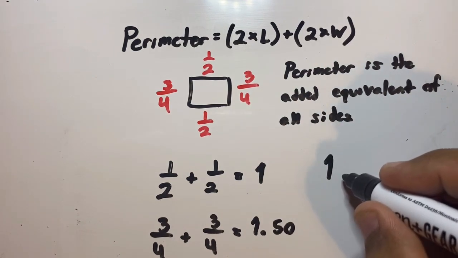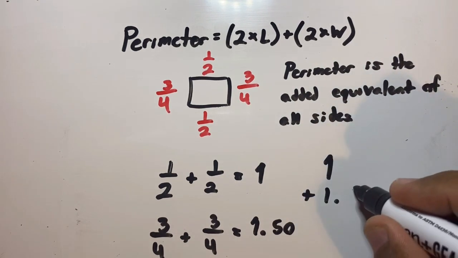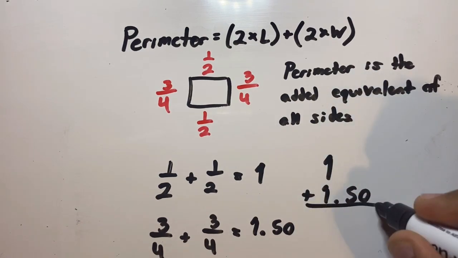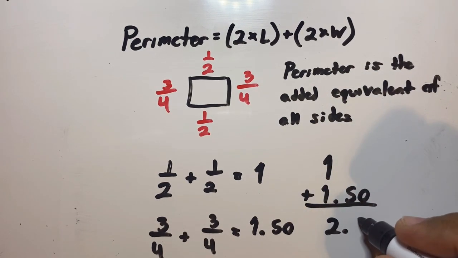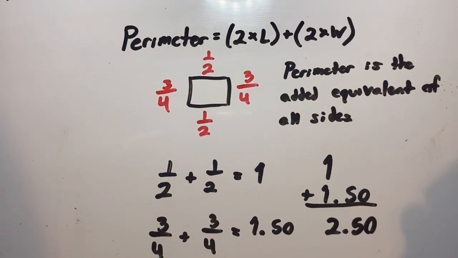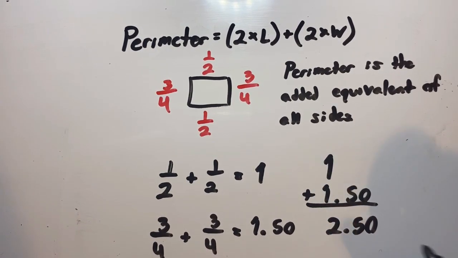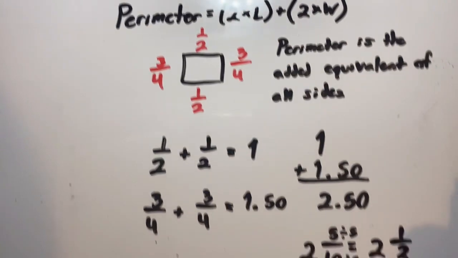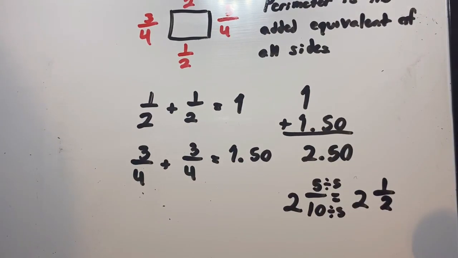So 1 plus 1.50 is gonna be 2.5 or 2.50. You can rewrite this as 5/10, and if you divide both sides by 5, you will get 1/2. See, it's the same thing.